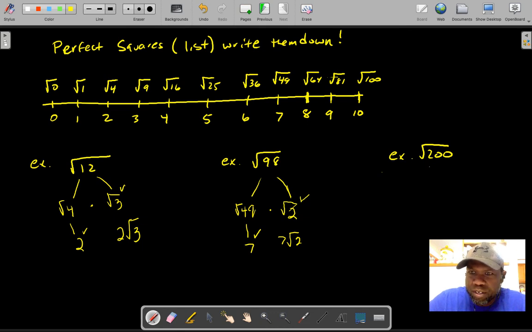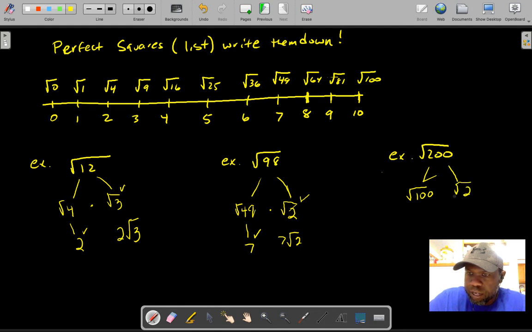Pretty easy, right? If I make two lines here, I can take the square root of 100, and then the square root of 2.